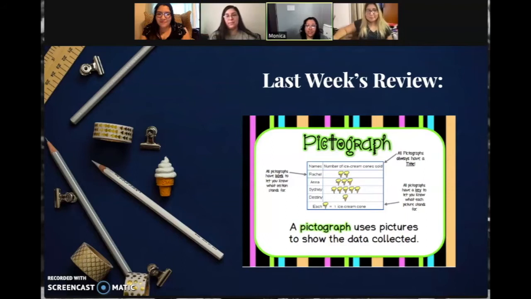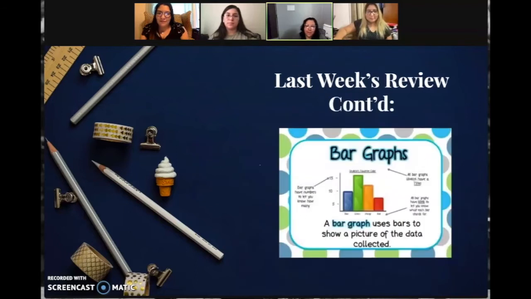Awesome job. Yes. Labels show you what? Brittany? They show us what the section stands for. Awesome job. In this specific pictograph, what are the labels? Brittany? They're the names. So it's going to be Rachel, Anna, Sydney, and Destiny. Awesome. So this is a bar graph.